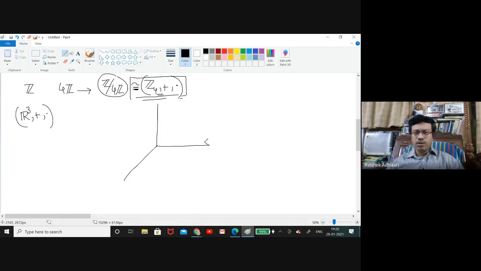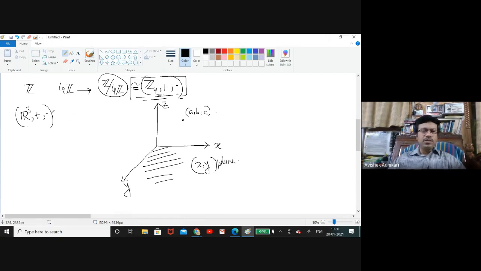Suppose this is X, this is Y, and this is Z. Any point here looks like (a, b, c). This is my XY plane. So this is my ring.